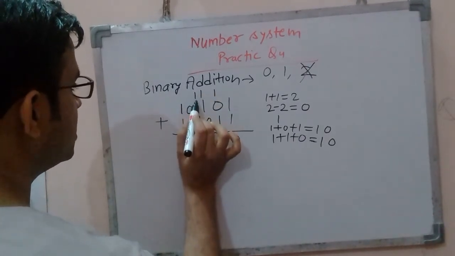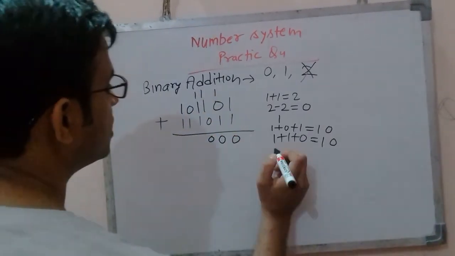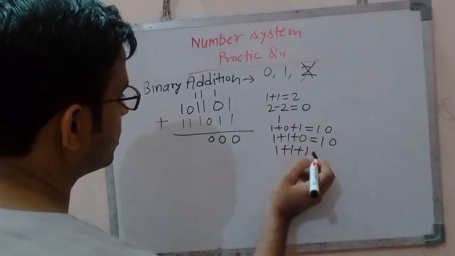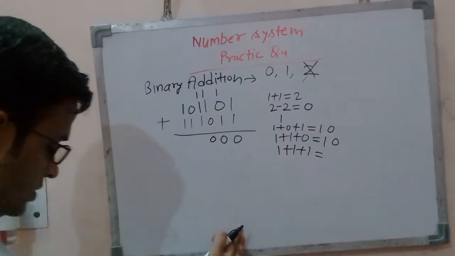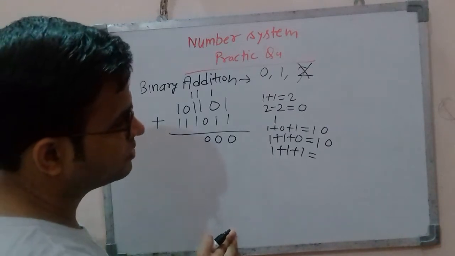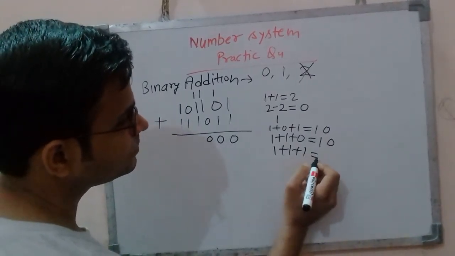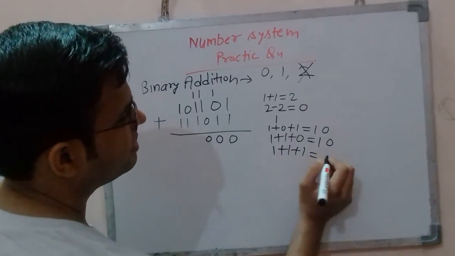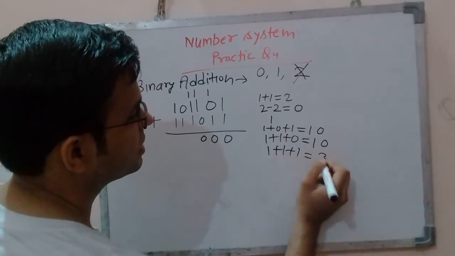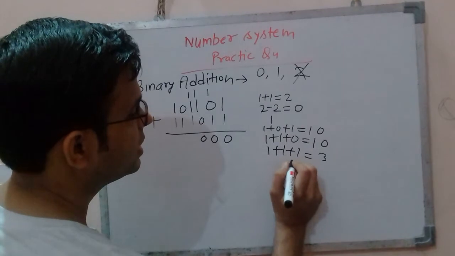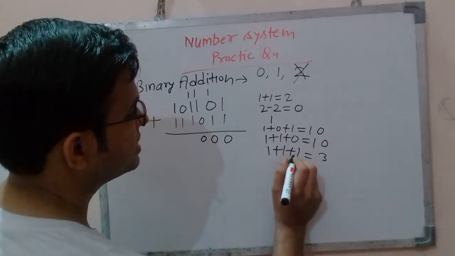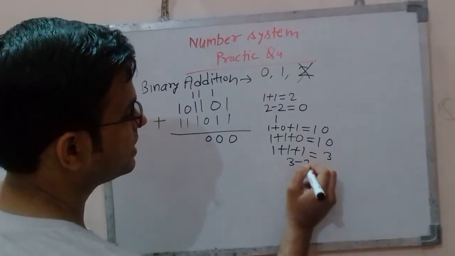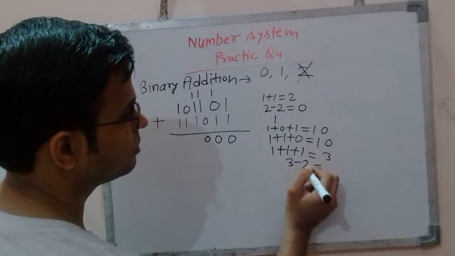Now add these three numbers, 1 plus 1 plus 1. How to add these three numbers, 1 plus 1 plus 1, in binary? Tell me. In decimal you will write 3, but in binary what will you write? Since the number exceeds 1, subtract 2, which is the base of this binary.